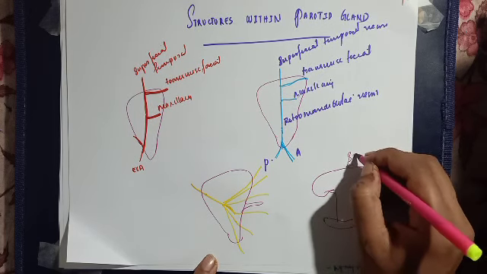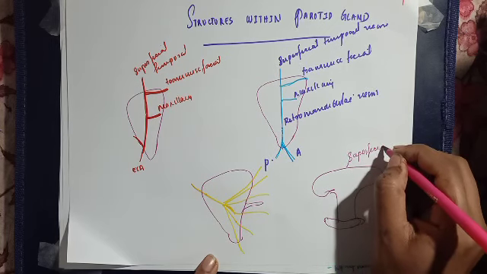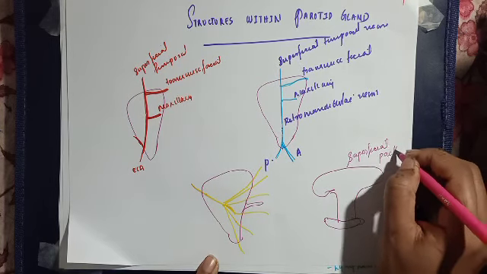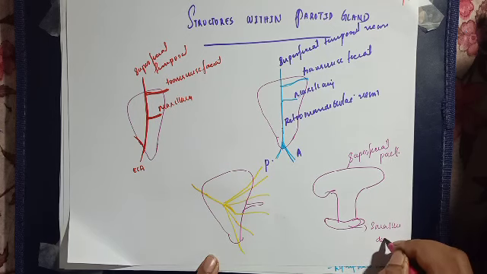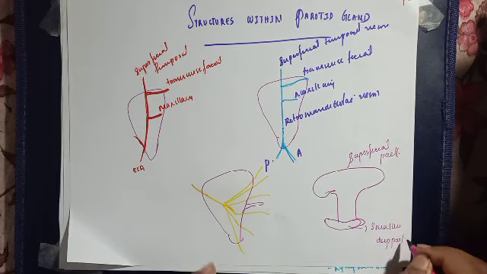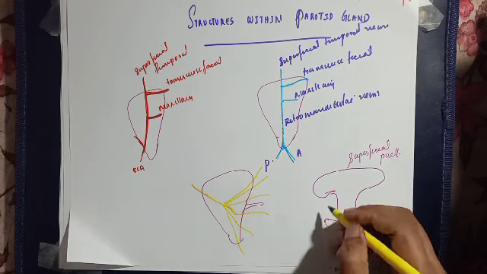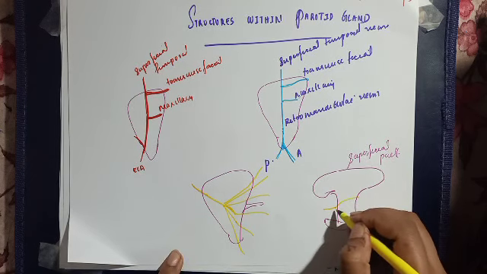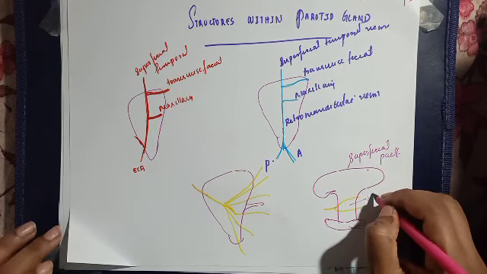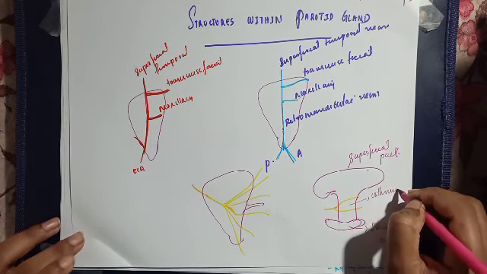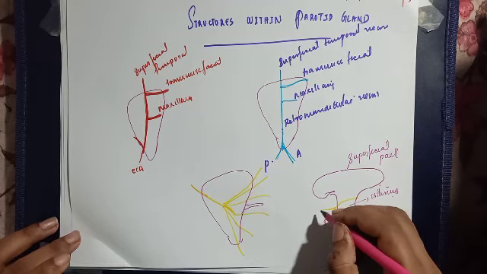So this is the larger superficial part. Now this is the smaller deep part. The facial nerve passes like this and divides around this isthmus.